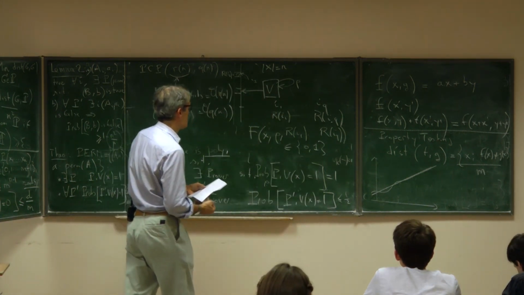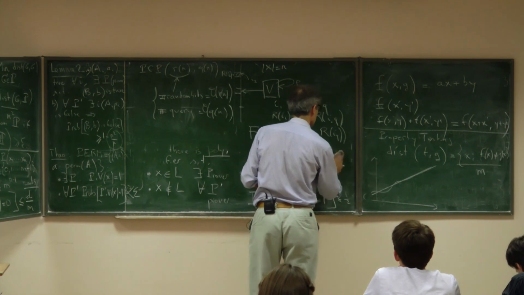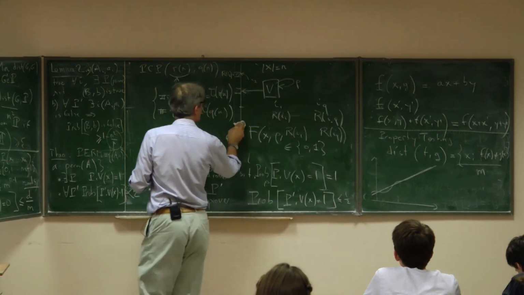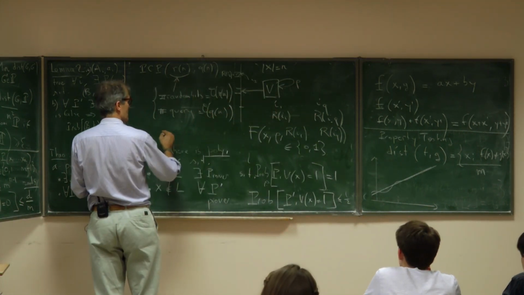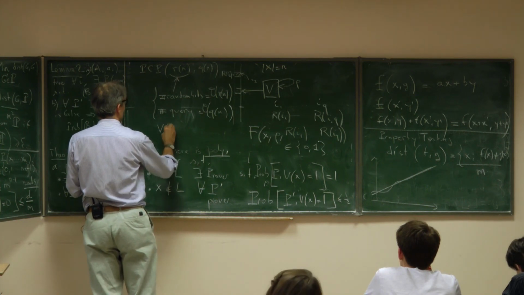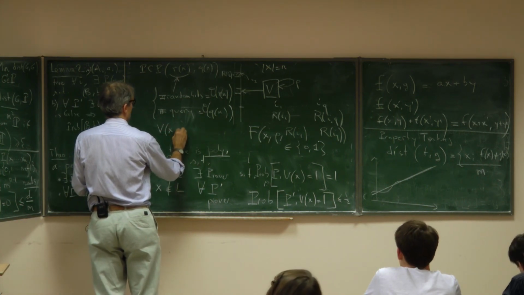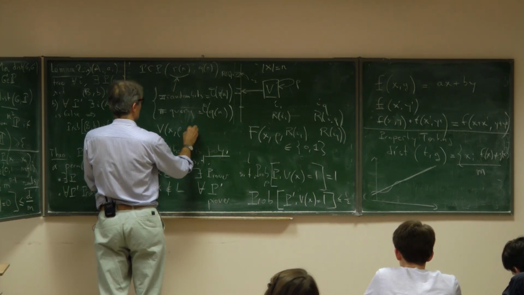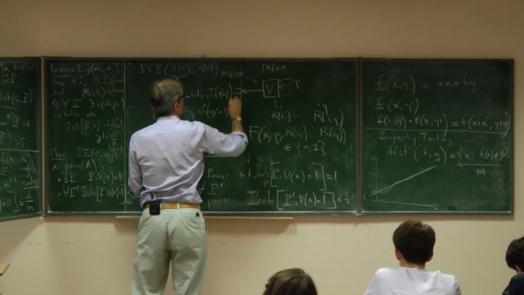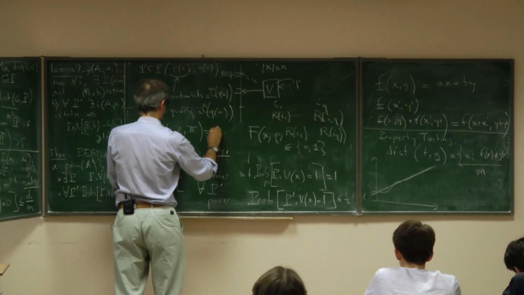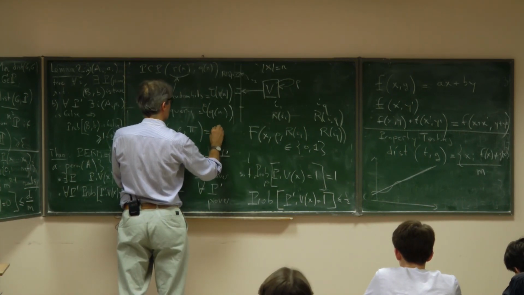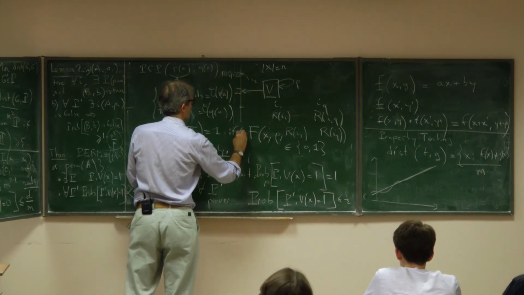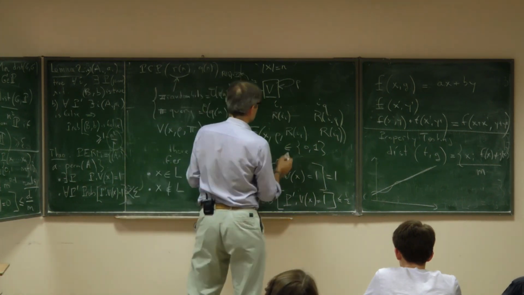If it's 0, I reject. Okay? So if f, and I write V of x, rho, pi, where pi is the sequence here, the witness, equals 1 if and only if this value is 1.